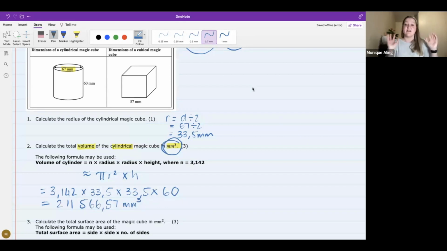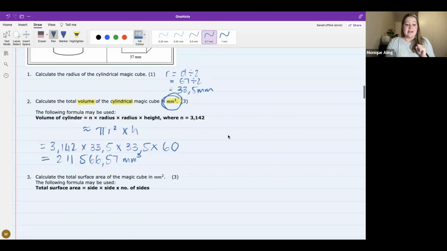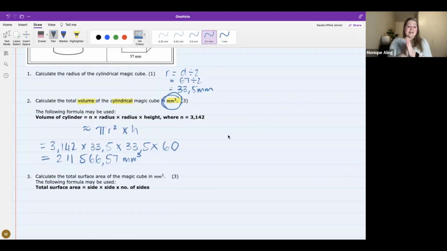Okay, so don't be overwhelmed or think that you are doing the wrong thing. With volume and surface area, you will get big numbers as your answer. Let's have a look at the next question. Calculate the total surface area of the magic cube in millimeters squared. The following formula may be used. Total surface area is side times the number of sides.